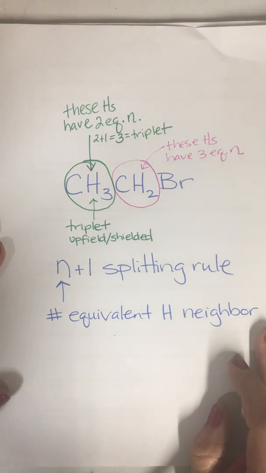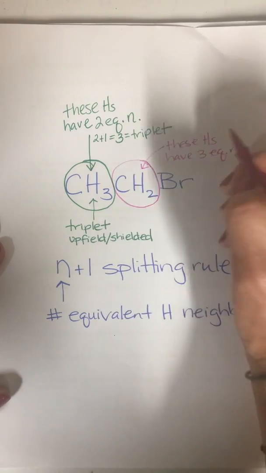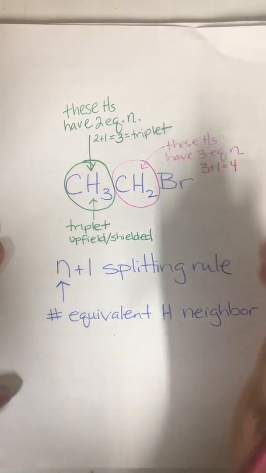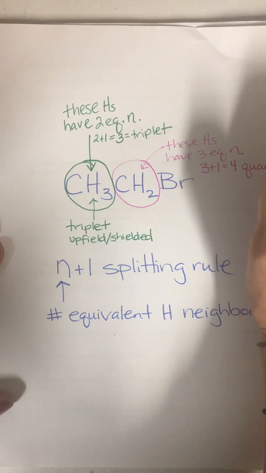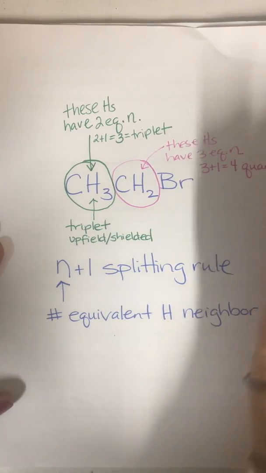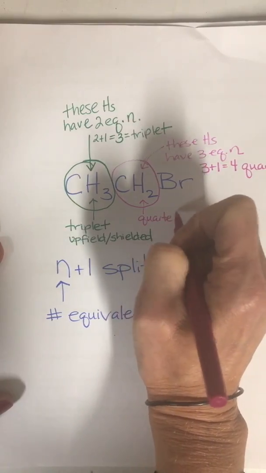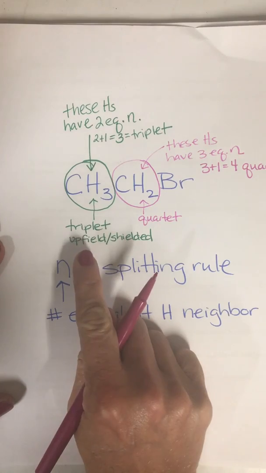If I want to know what their signal is going to be split into, I add 1. 3 plus 1 is 4. This would be a quartet. These guys have a quartet, and it would be a little bit more downfield than our triplet here.